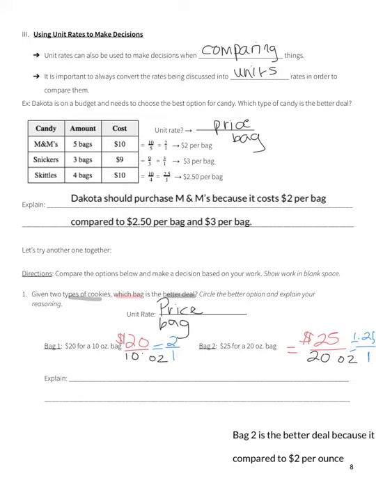Okay, so now it's asking which one is a better deal. Well, if this one is $2 per bag and this one is $1.25 per bag, what's the better deal? The one that's cheaper. So we would say bag 2 is a better deal.